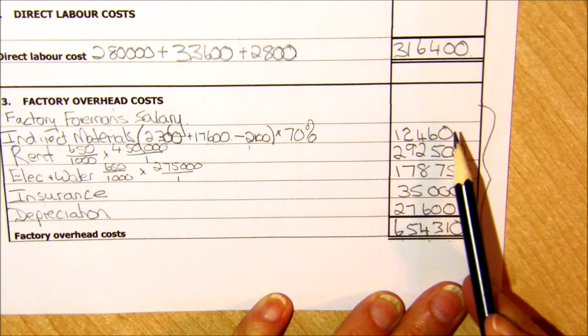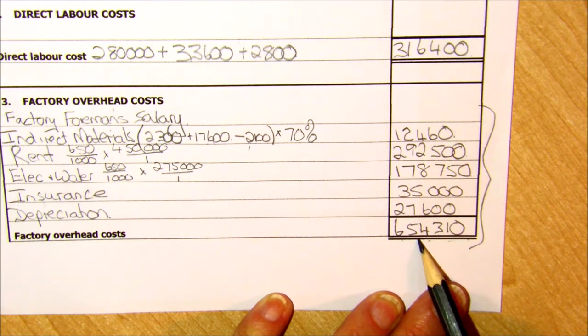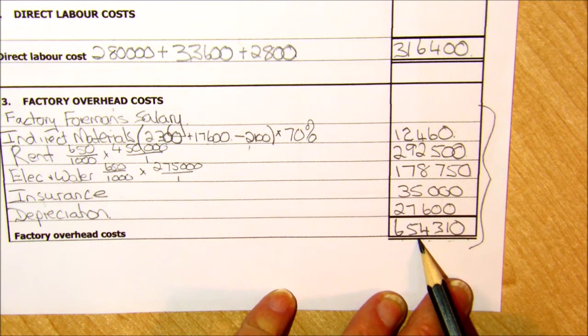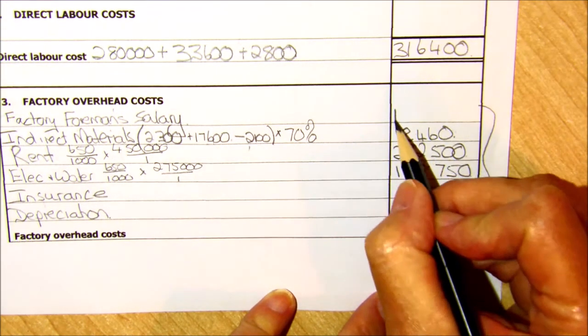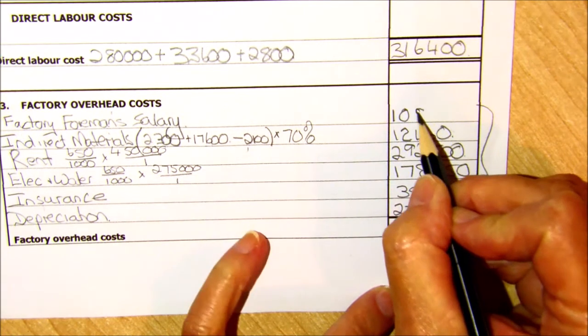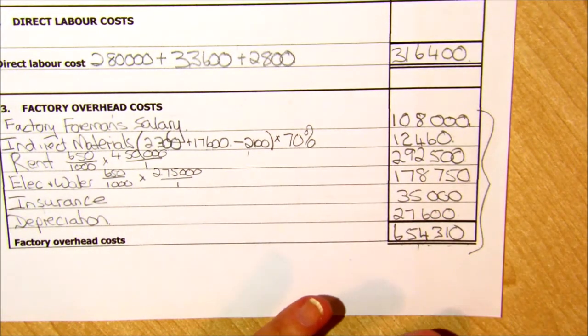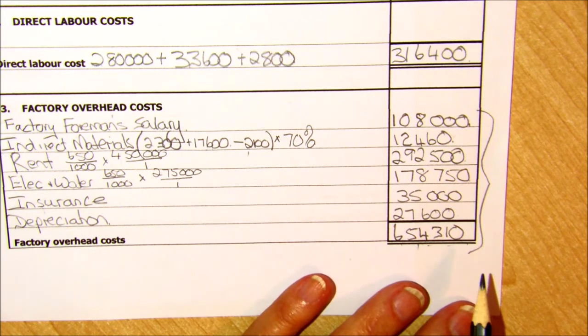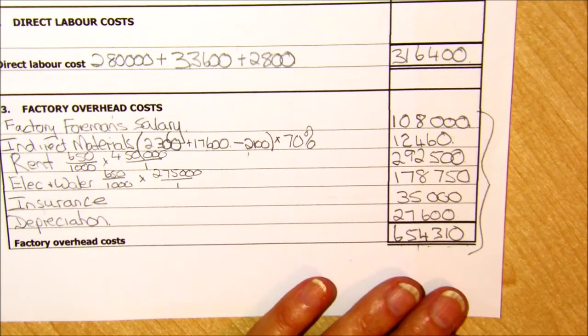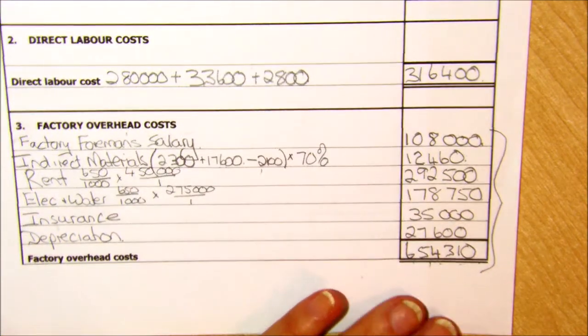If you take your calculator and add this up at the moment, you'll find it does not come to that. There's an amount short, and whatever that shortfall is, in actual fact 108,000, is the foreman's salary. So you were given the total, you add up everything you've got and find the difference, and that gives you your factory overhead costs.